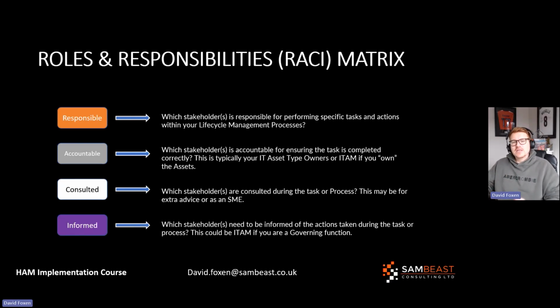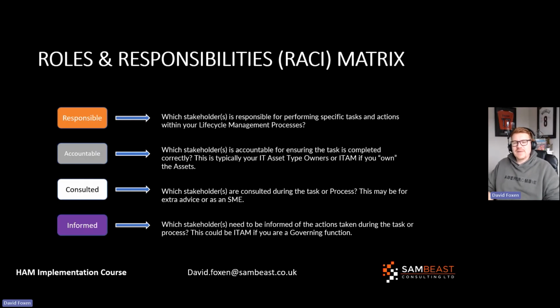So when building out a RACI matrix, it's really important that you list each step that you're taking. For example, when you build out your processes, it's really good to number the blocks within your process, so that you can build a RACI matrix that goes 1, 2, 3, 4, 5, 6, 7, 8. This is the action, this is who's responsible, this is who's accountable, this is who's consulted, this is who's informed.